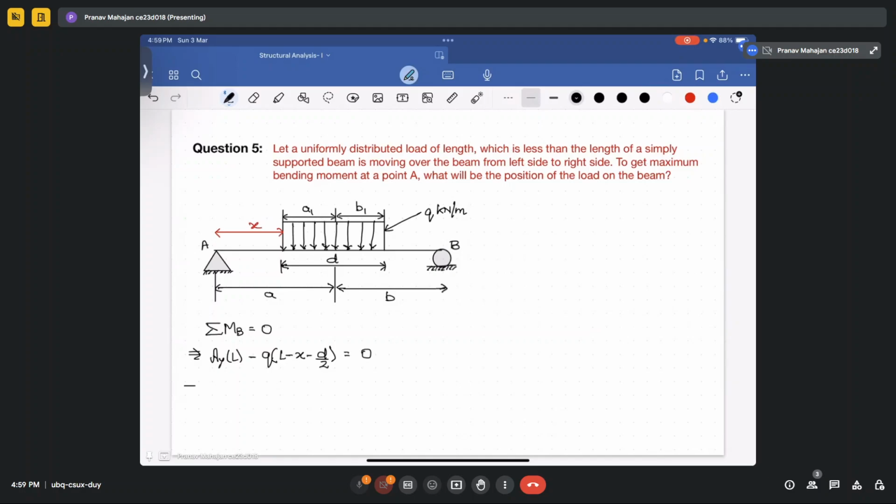So you will get Ay equal to q d into L minus h minus d by 2, divided by L. This is your reaction Ay.